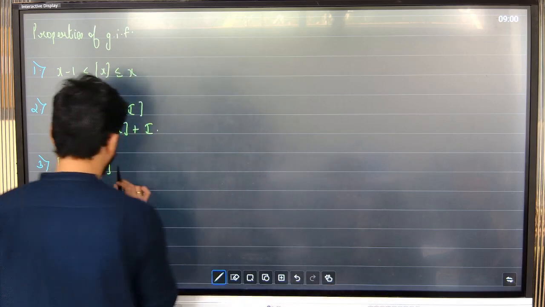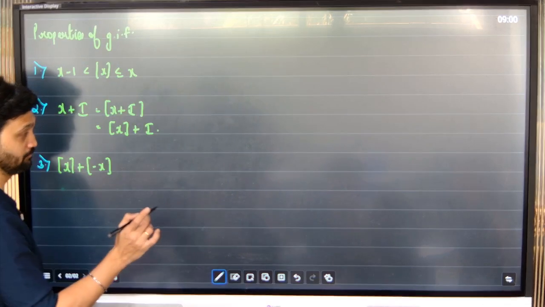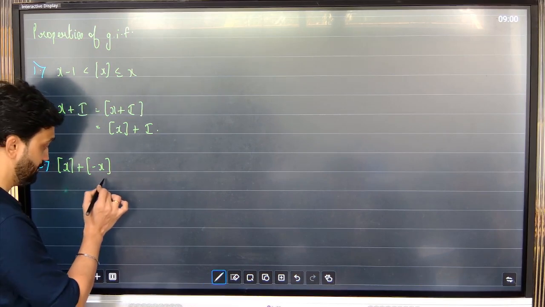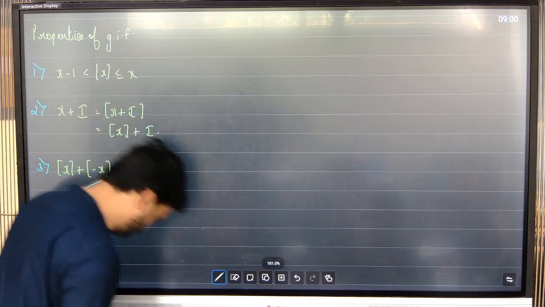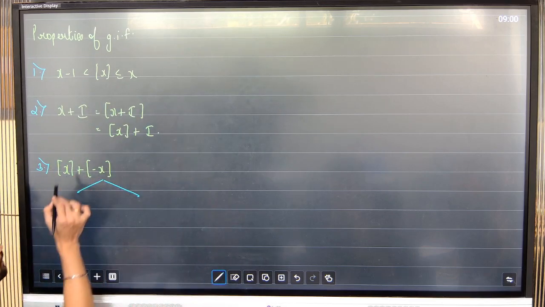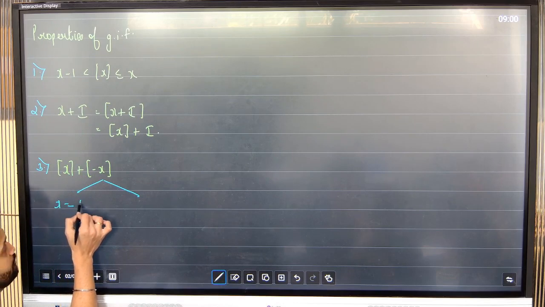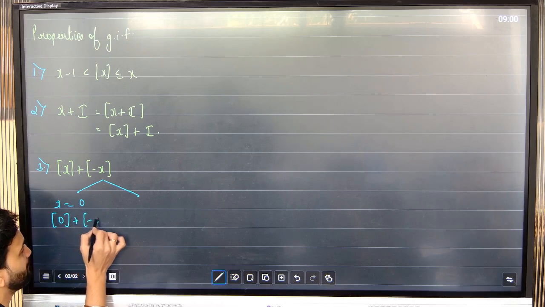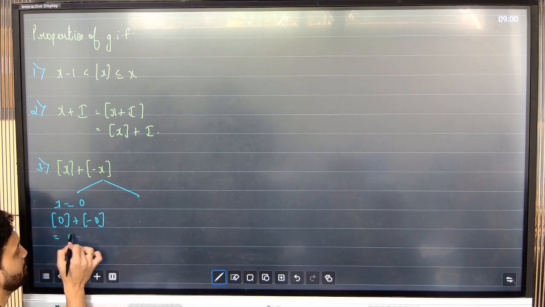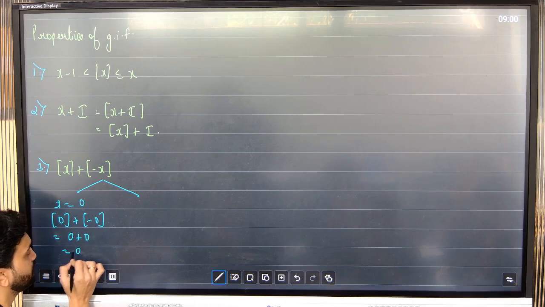When I told you to take any value of x, that is a decimal, we had the luxury of writing it like this. See this. If I take the value of x as 0, it will become greatest integer function of 0 plus greatest integer function of minus 0, and minus 0 does not mean anything, so this will become 0 plus 0, which is 0.